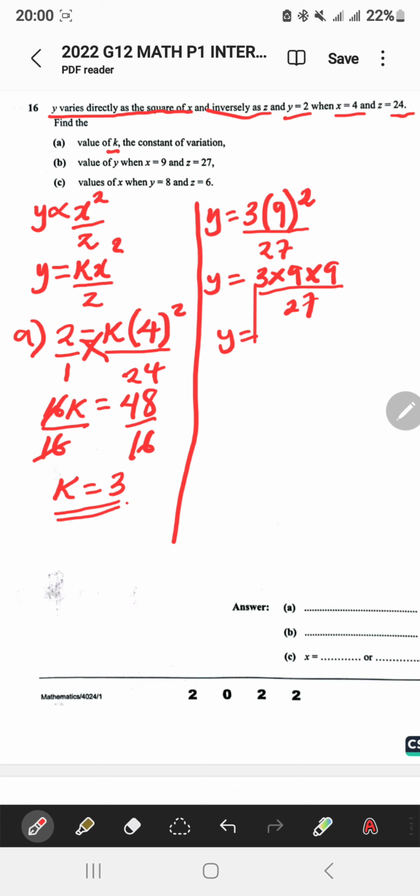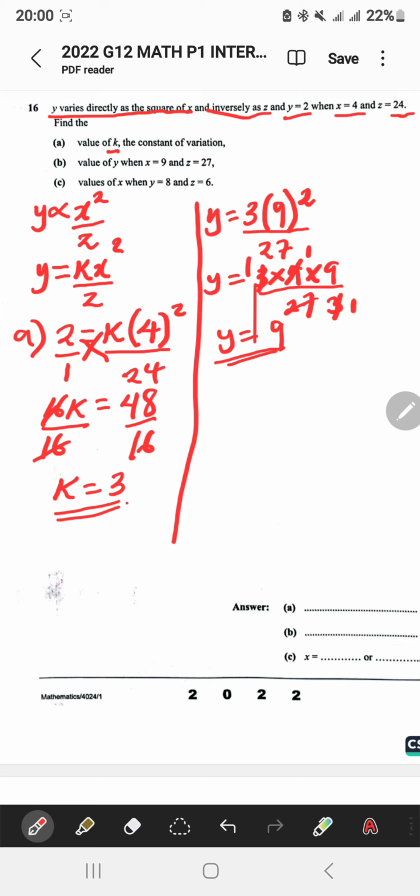In this case, this 9 can divide with 27. So 9 into 9, 1. 9 into 27 will give us 3. Then also 3 into 3 will give us 1. Therefore, the remaining values are 1 times 1 times 9, which will give us 9. Therefore, the value of y will be equal to 9.